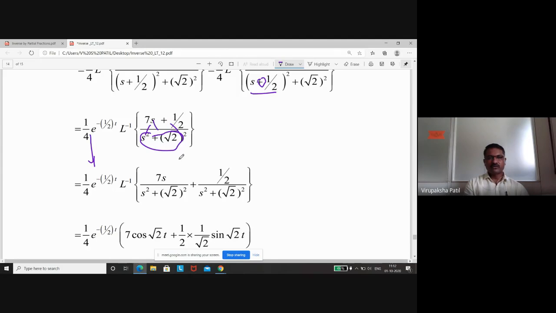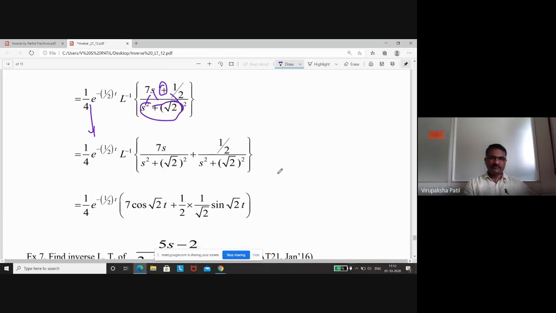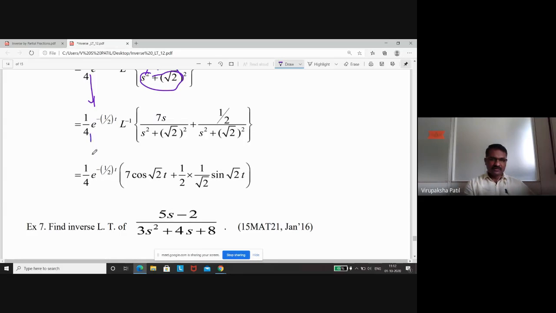Then plus 1 by 2 divided by s square plus root 2 whole square as it is. Next, this term again as it is, 1 by 4 e to the power minus 1 by 2 into t. Now, operating L inverse to this, 7 you take outside, this becomes s divided by s square plus root 2 whole square.